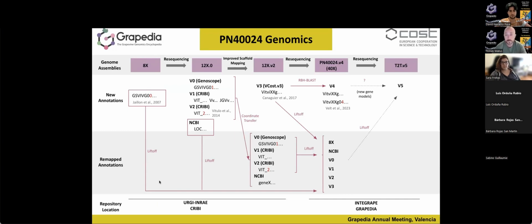It has been a quite complex journey of different naming systems, different IDs, but you have to consider that each one of these different assemblies has, in some of the cases, considered a completely new automatic annotation pipeline. So it is somehow difficult to have a full correspondence between different annotations.